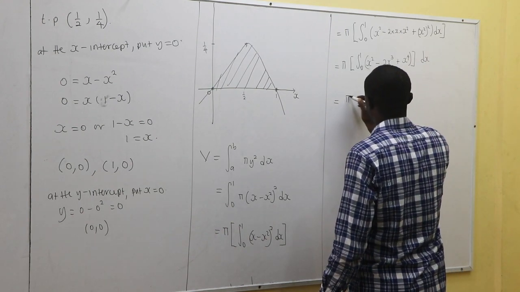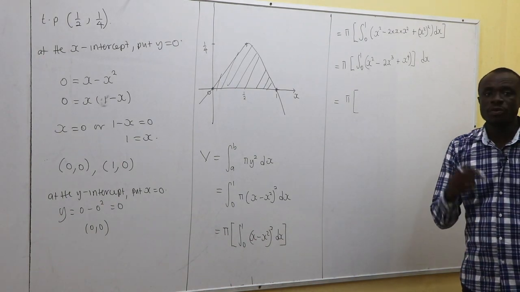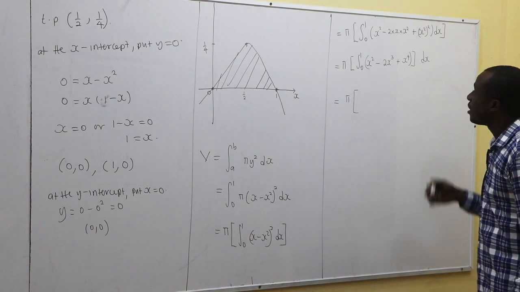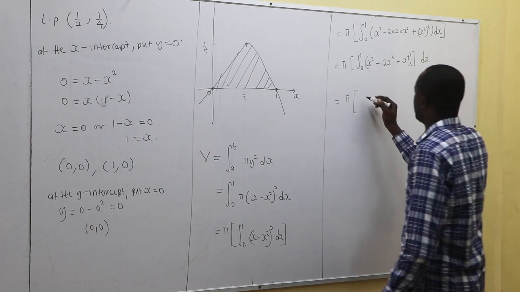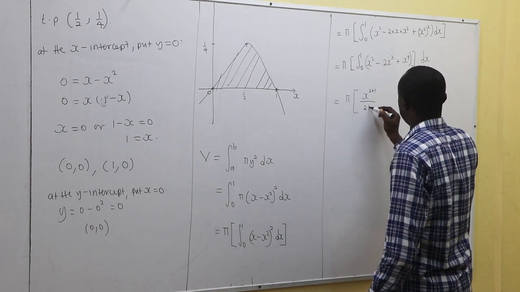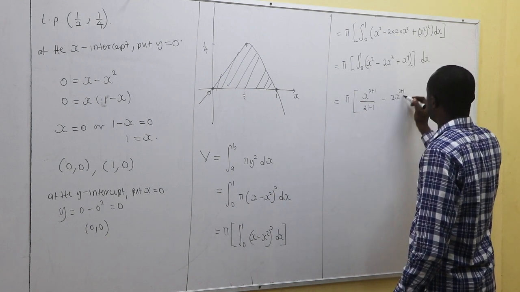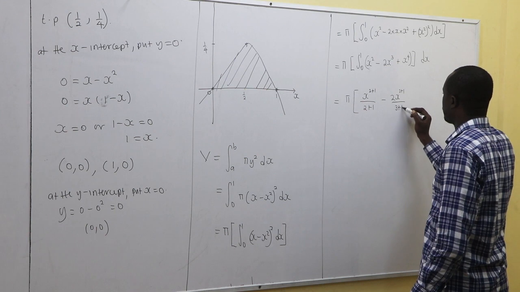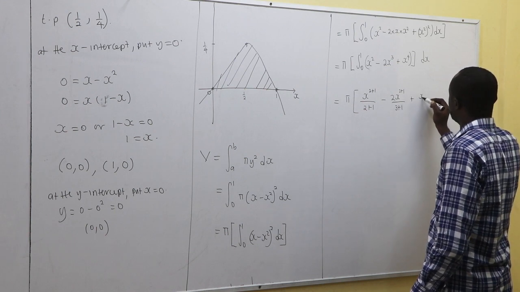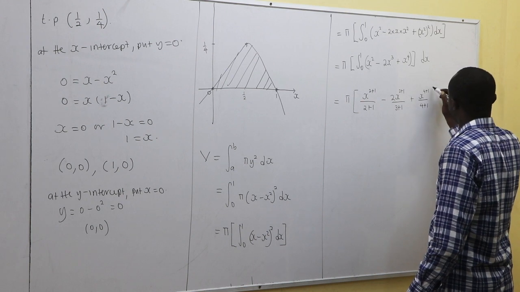Now when you integrate this, you know that with integration you add 1 to the exponent and then divide by it. So that is x to the power 2 plus 1 over 2 plus 1, minus 2 times x to the power 3 plus 1 over 3 plus 1, plus x to the power 4 plus 1 over 4 plus 1.